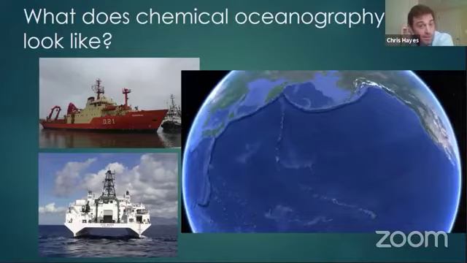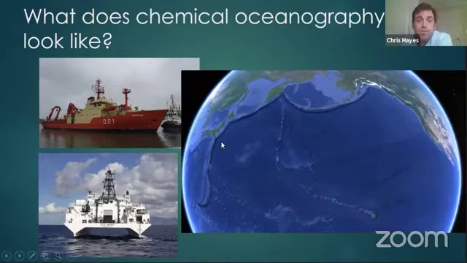Okay, so yeah, these 2 ships I was on in the North Pacific. This one on the top is actually a German research vessel that we took from the North Island of Japan up into the Bering Sea, almost to the west coast of North America, and all the way back to South Korea.